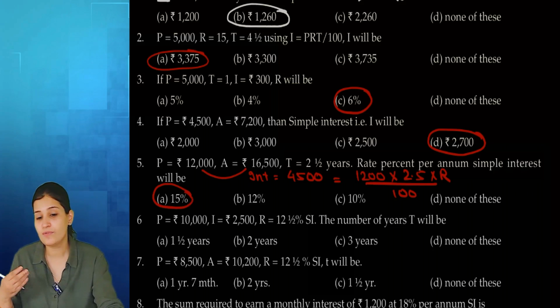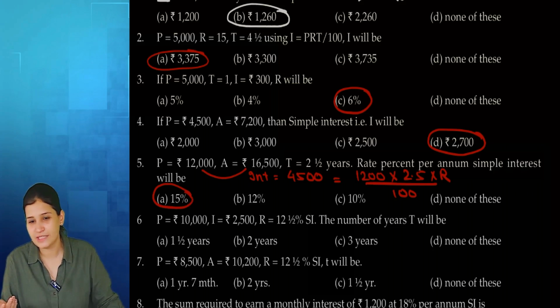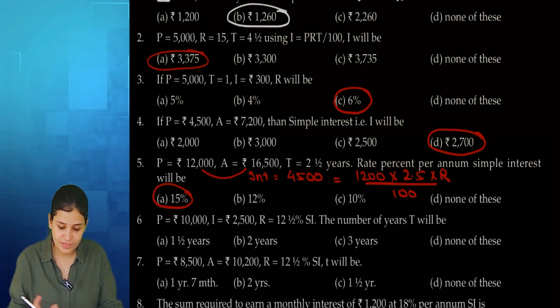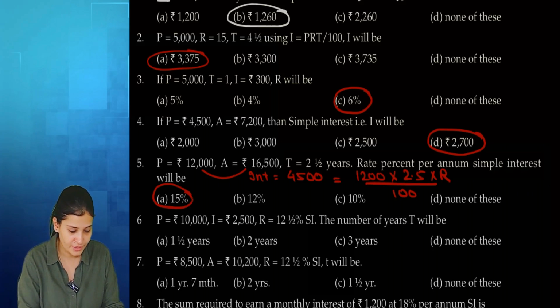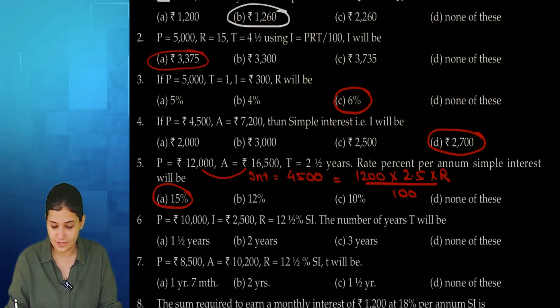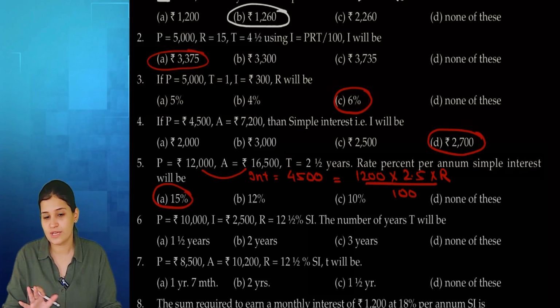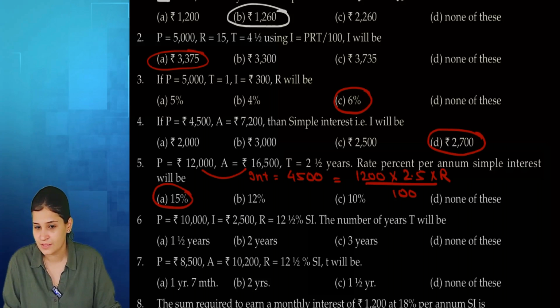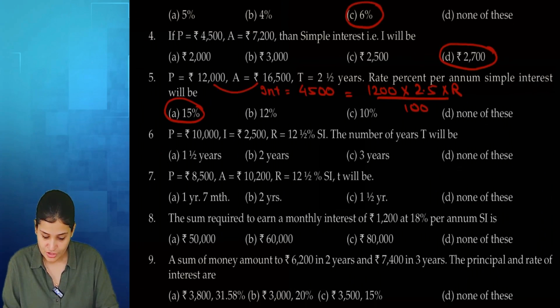We could have also done trial and error since the calculations don't take much time. If I just checked 12,000 into 15% into time 2.5, 4,500 would be the interest, 12,000 add 4,500 is 16,500, the amount matches. So A is the correct answer. Any doubts? No, ma'am. Question number 6.